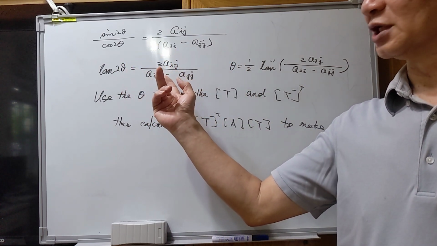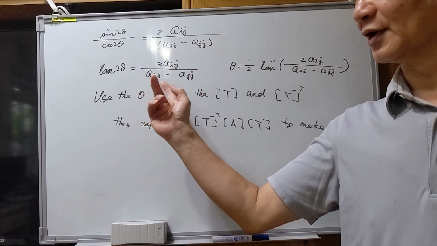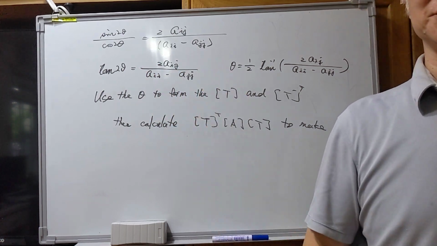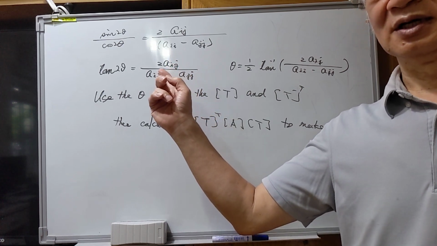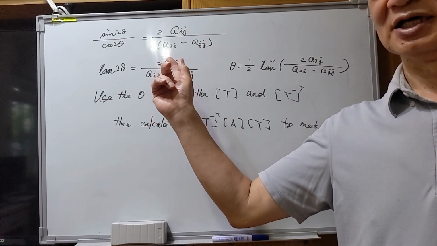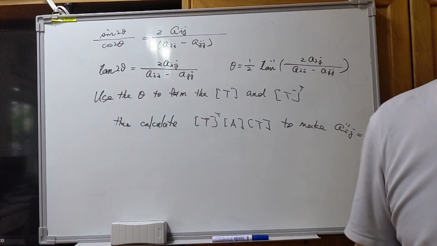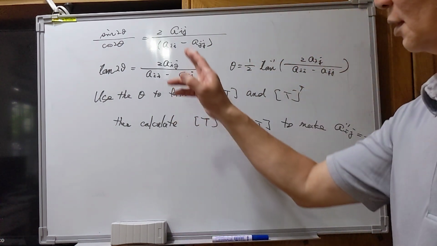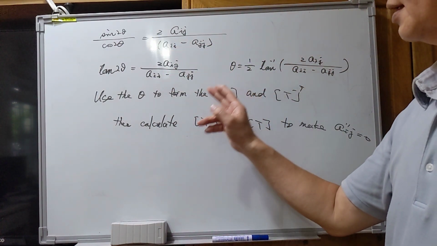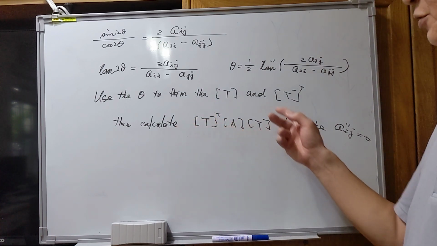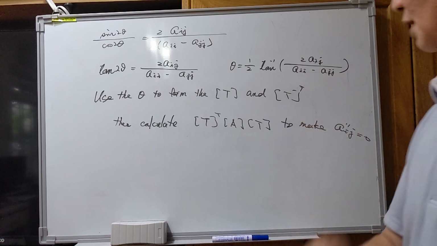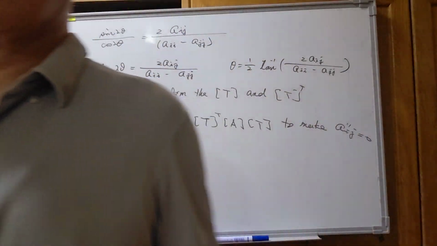You need to use the two corresponding diagonal elements, A_ii and A_jj, and also the found A_ij element, that's the element with the maximum absolute value. Then you can calculate theta, then you can form the T matrix. Then you need to calculate this to make the A_ij double prime equal to 0.